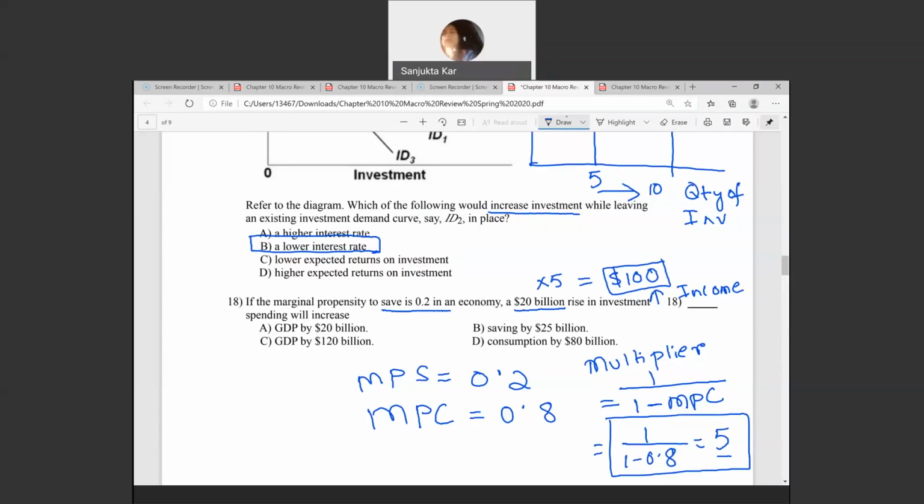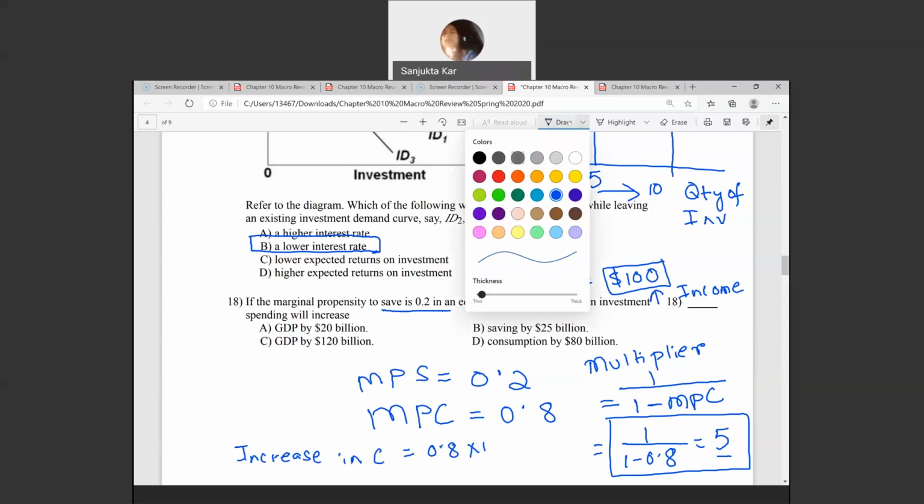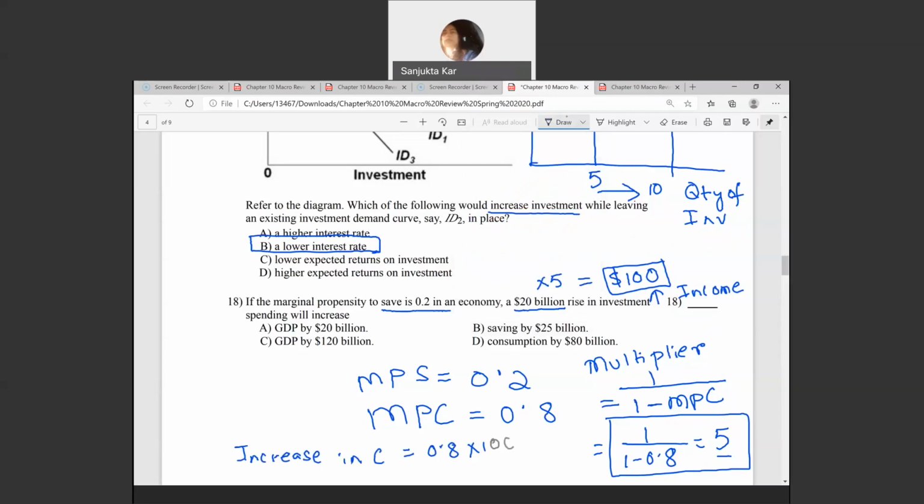Let's see what's going on here. Out of this increase in income, my increase in consumption will be, let's write it down here, the MPC times 100, and this is going to be equal to 80.